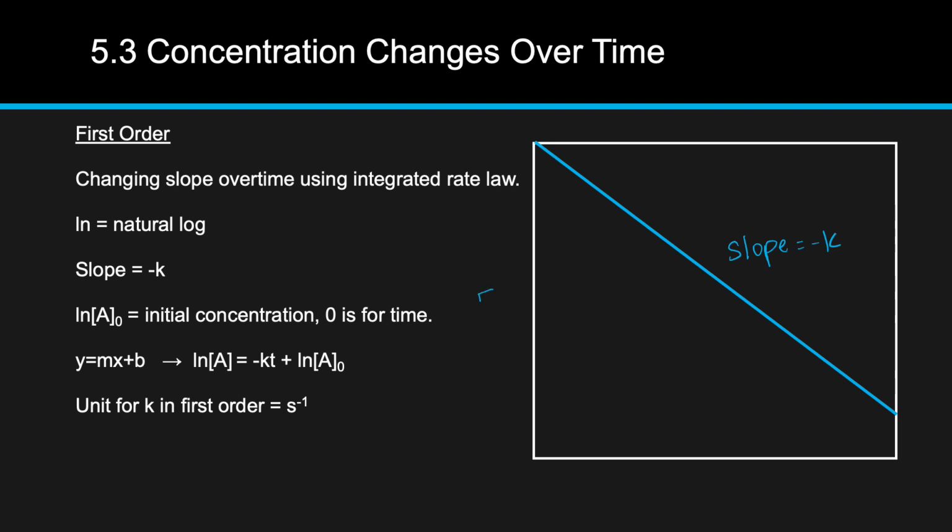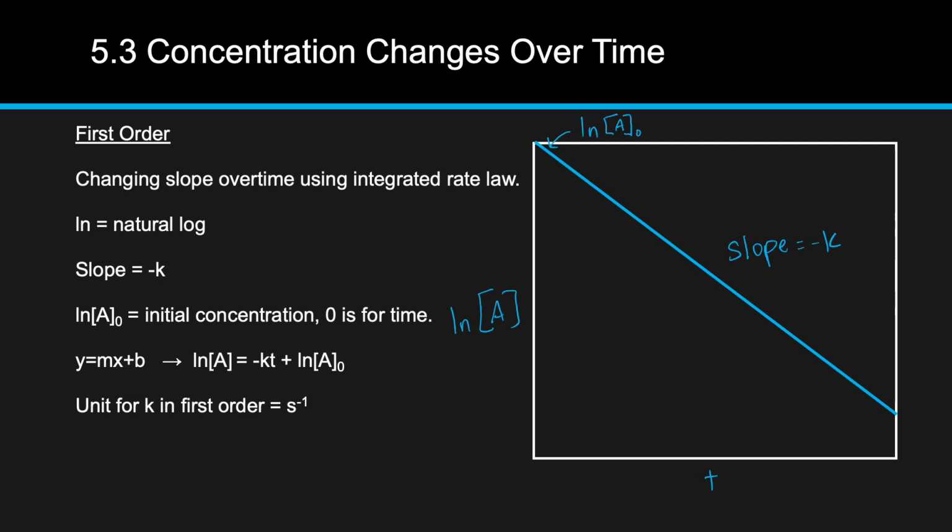Instead of just the concentration of A, it's going to be the natural log of the concentration of A, and then we still have units of time for the x value. Now, when we were talking about the initial reading, this is going to be the same concept with the natural log. So we have the natural log of the concentration of A for time 0. So that would be our initial concentration.